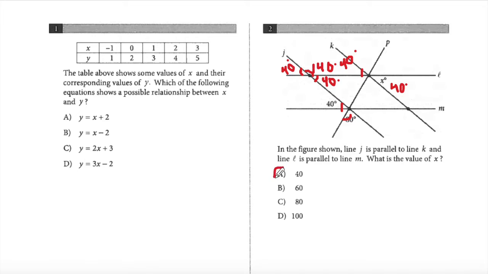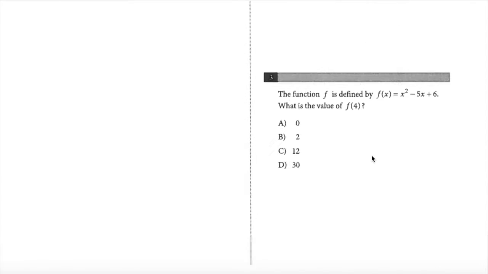So we're just using alternate interior angles, alternate exterior angles, vertical angles, and corresponding angles. Make sure you look back at that stuff. It's pretty straightforward. As long as you have a transversal and two parallel lines, it's safe to assume the congruency between corresponding angles, vertical angles, alternate interior and alternate exterior angles. All right, let's keep going.